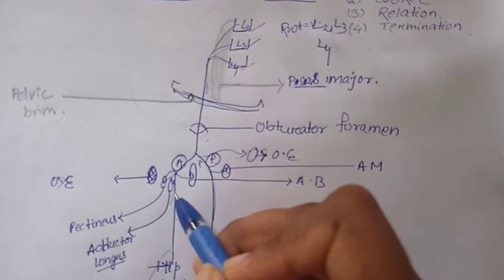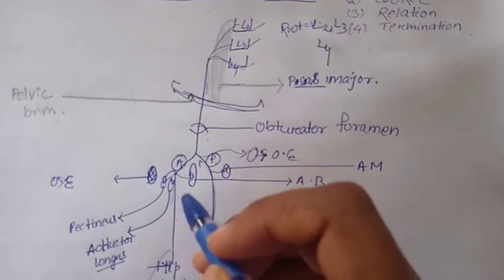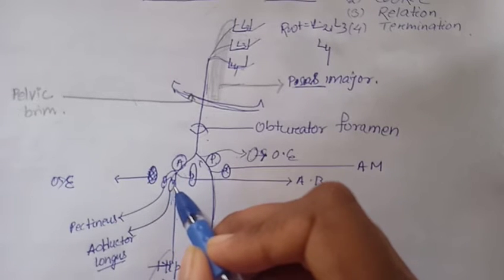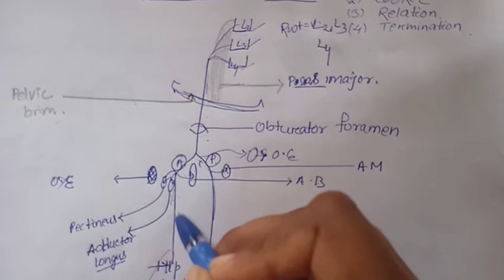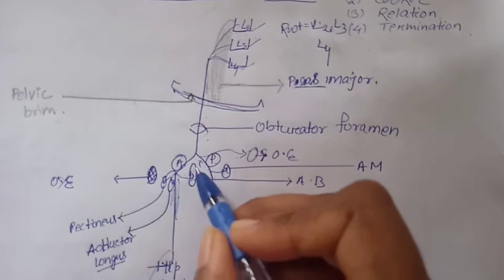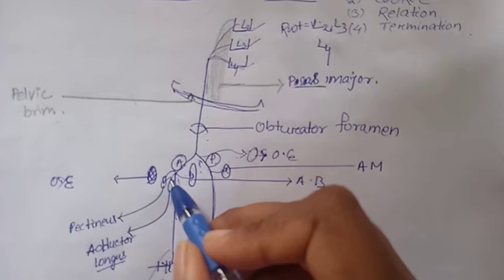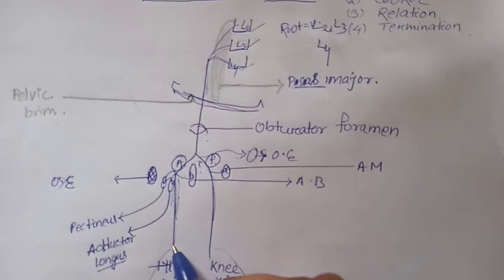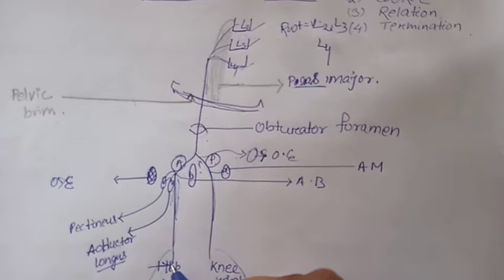Then it lies in between the adductor brevis and the pectineus and adductor longus. So in its course you can easily see that it is present in between adductor brevis and pectineus, adductor longus. Then it goes downward and supplies the hip joint.